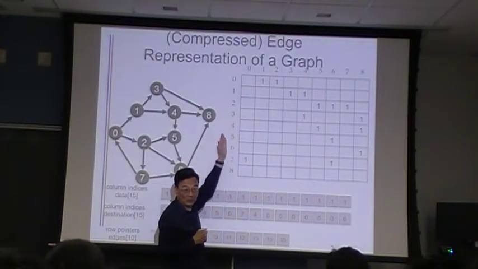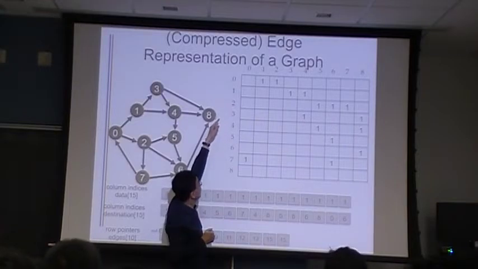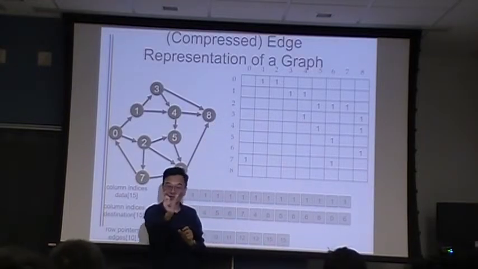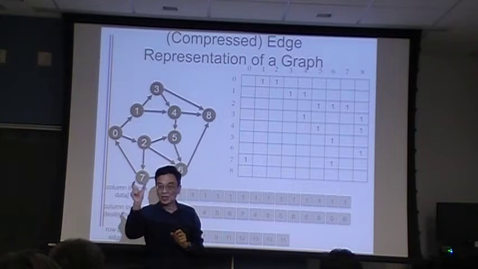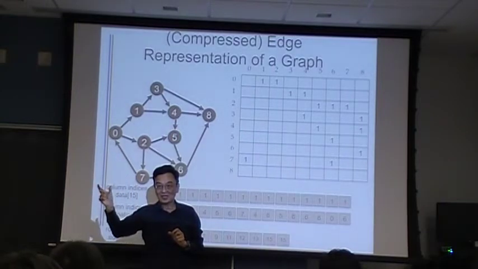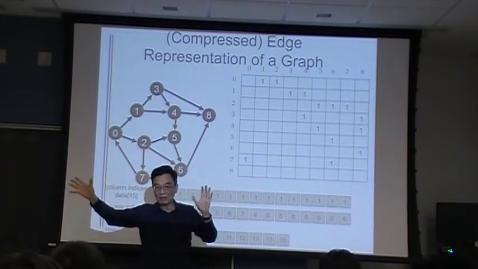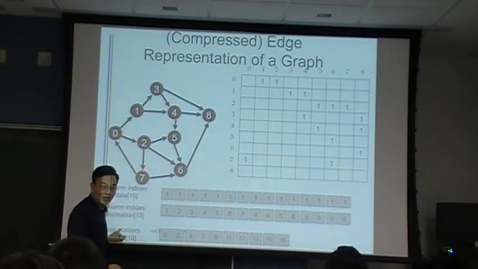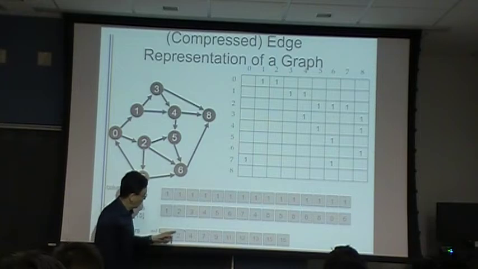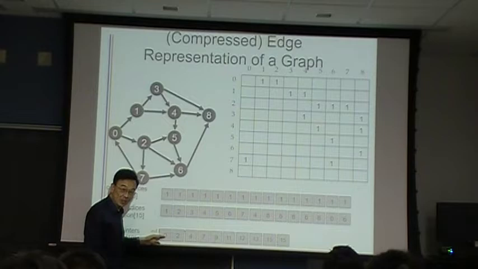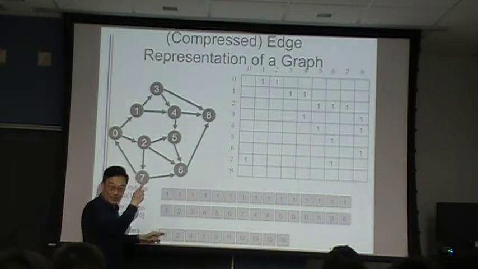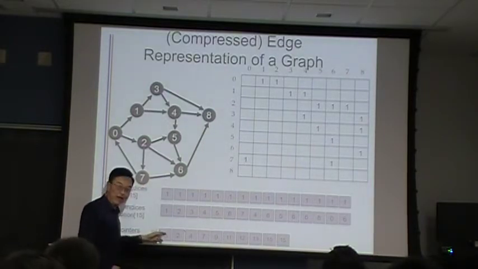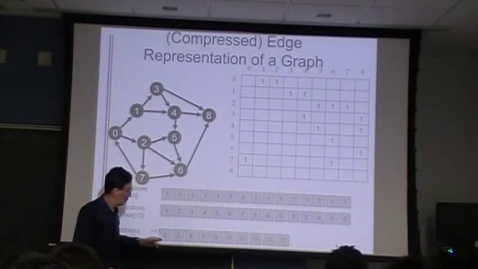Each row is going to have a small section in the array that we use to represent the graph. This is given by the row pointers. This array gives us the beginning location of all the edges for that particular source node in the graph.